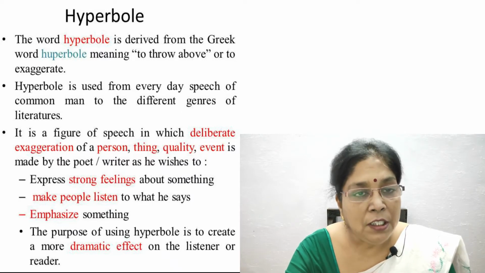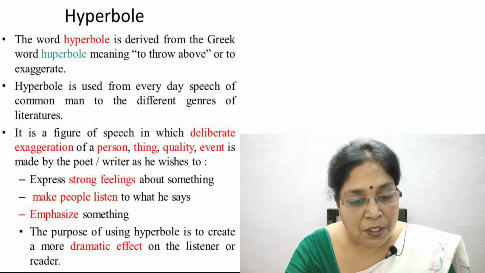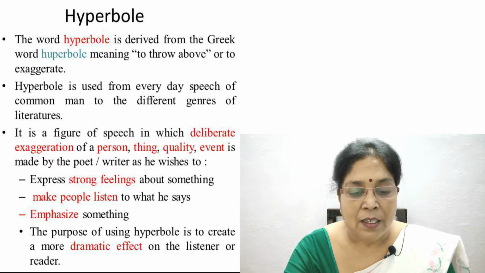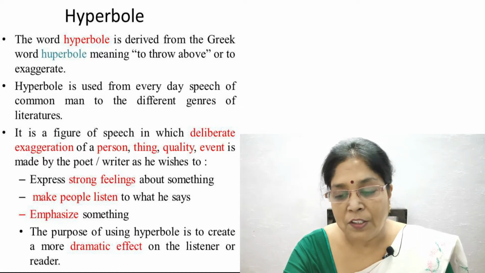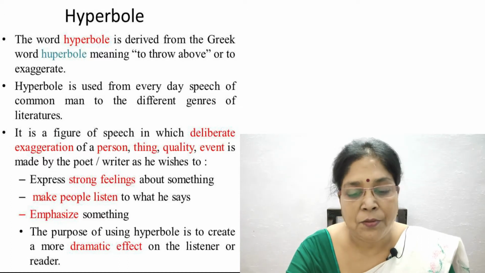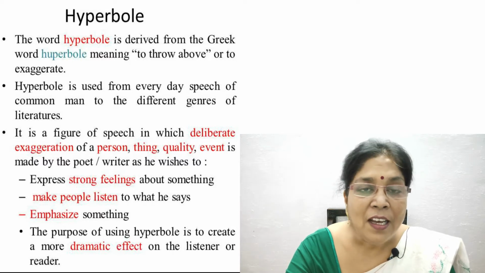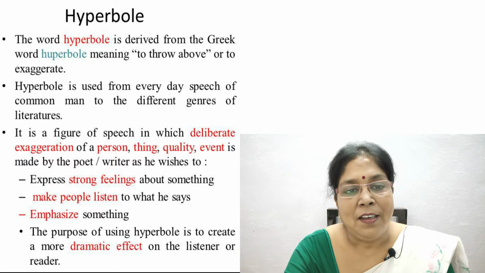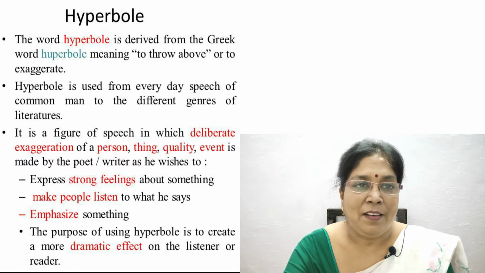Either one of the three purposes may be there, or all three. The purpose of using hyperbole is to create a more dramatic effect on the listener or the reader. What simple language cannot convey, the things said in a hyperbolic manner can convey.